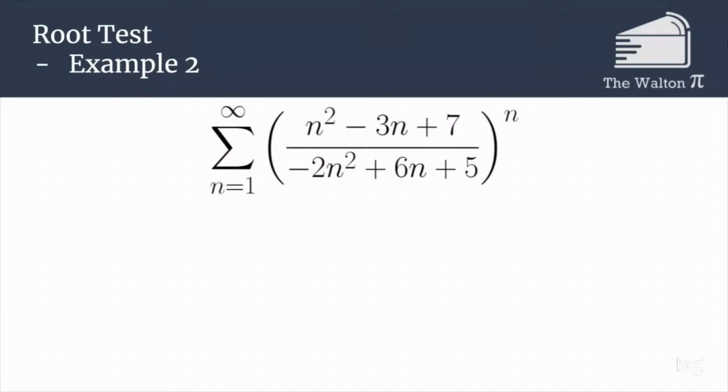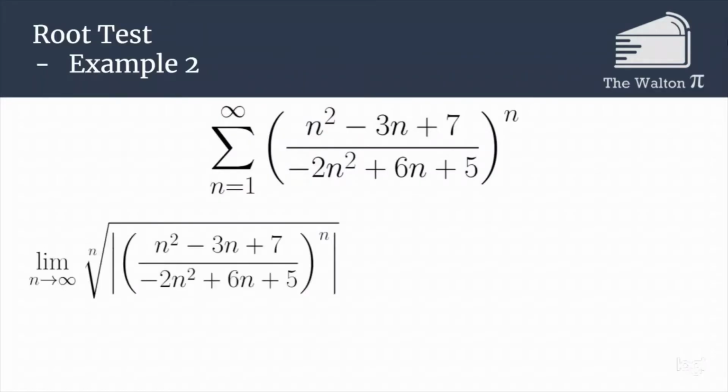If we have this other example, the sum from n equals 1 to infinity of (n squared minus 3n plus 7 over negative 2n squared plus 6n plus 5) raised to the n. That is the limit as n goes to infinity of the nth root of the absolute value of n squared minus 3n plus 7 over negative 2n squared plus 6n plus 5.